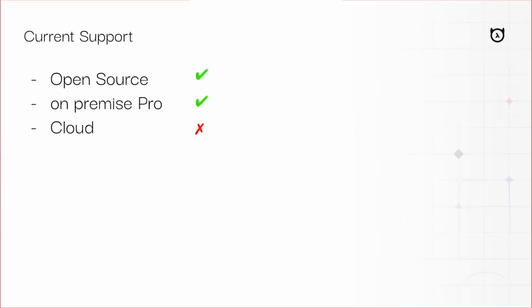Currently we have support for that implicitly for both open source and on-premise pro. That has to do with the way client certificates work with Postgres: you have a root certificate for your server that issues a key for your client, and then you generate a key and a certificate for your client.